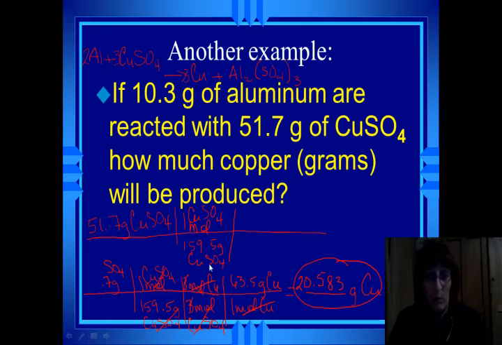So now I'm going to go from moles of copper sulfate to moles of aluminum. So for every 3 moles of copper sulfate, I've got how many moles of aluminum? From the balanced equation, 2 moles of aluminum. And then I have to go to grams.